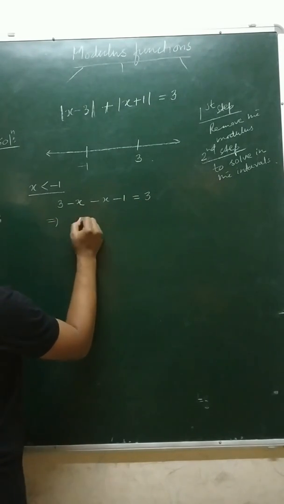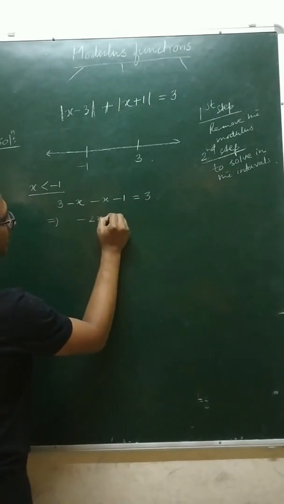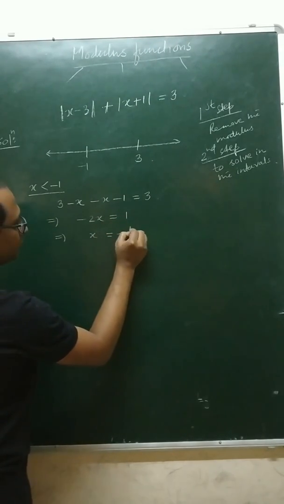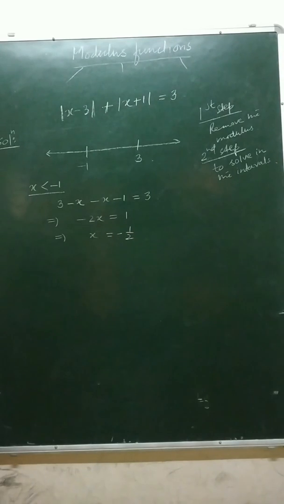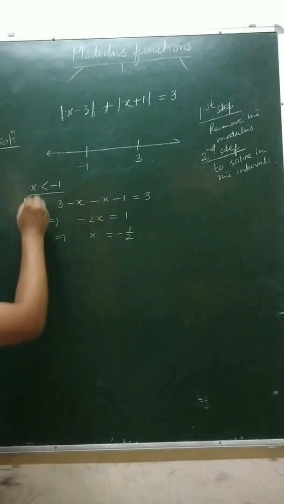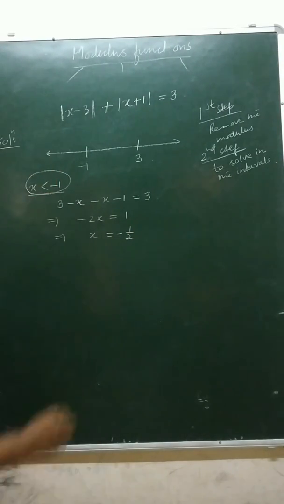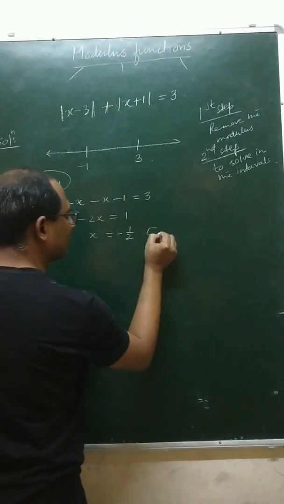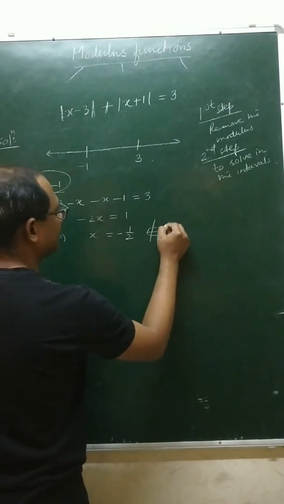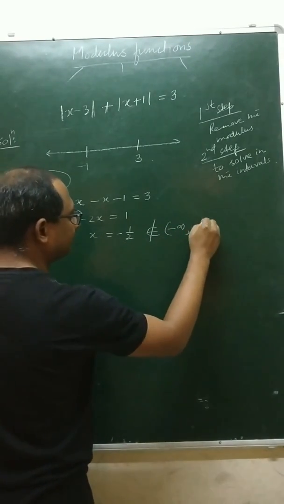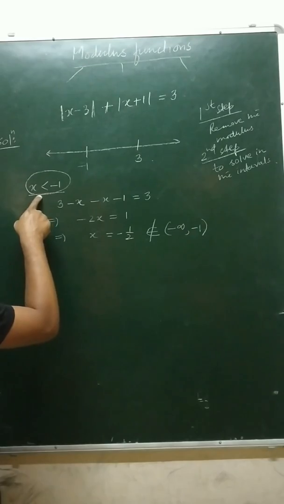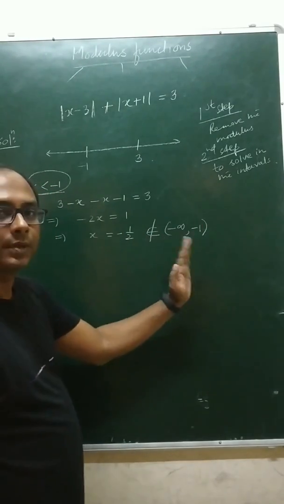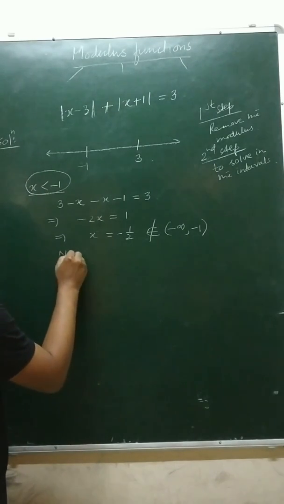So we are going to get minus 2x equal to 1, so x equal to minus 1 by 2. Now we have made the case x less than -1, and we have landed up in x equal to -half. Obviously it is not going to lie in the interval -infinity to -1. -half is greater than -1. So no solution here.